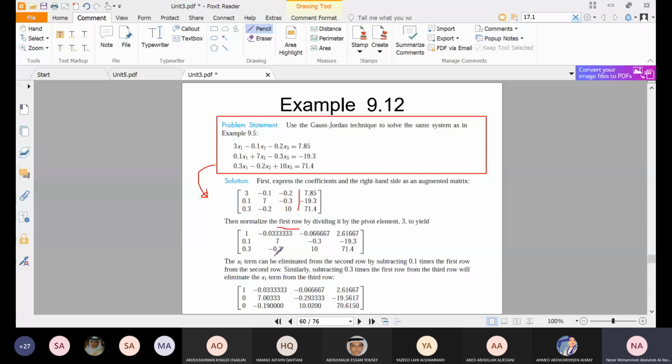After that, we eliminate the x1 terms from the second row by subtracting 0.1 times the first row from the second row. And we do the same for the third row.